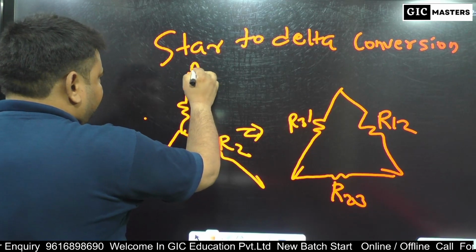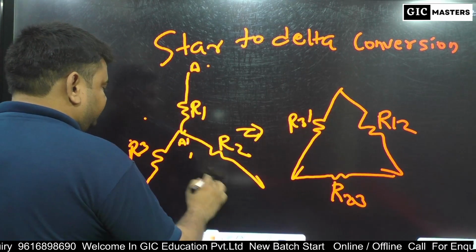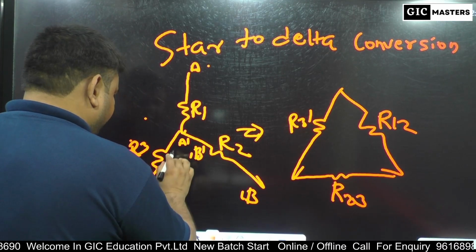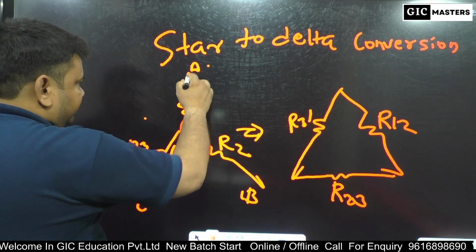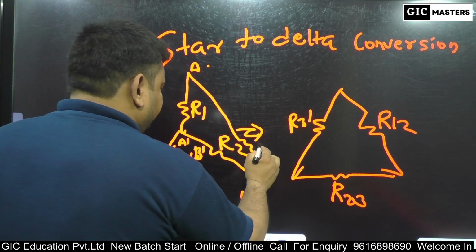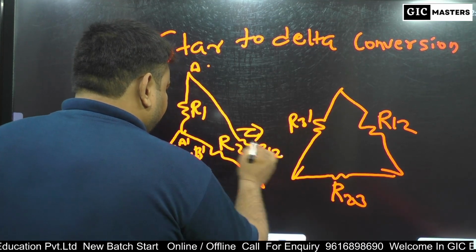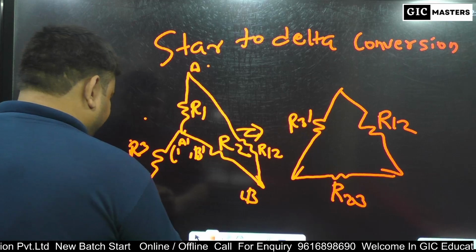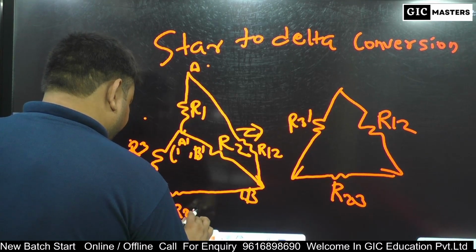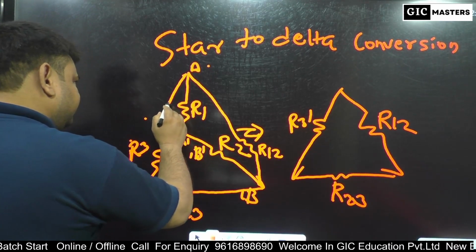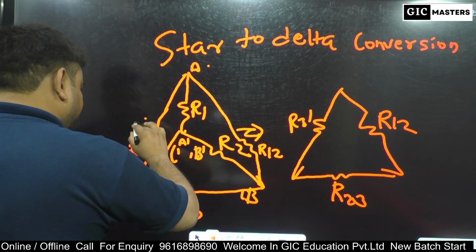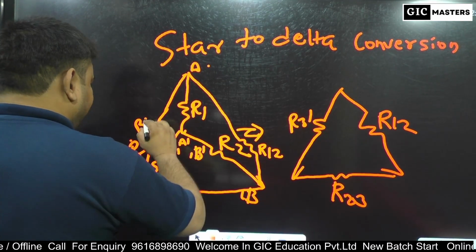There are three terminals, A dash, B dash, C dash. We connect this A and B, we know R12. Connect this B and C, R23. Connect this A and C, R31.